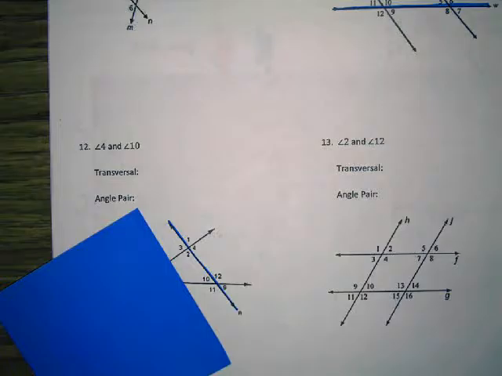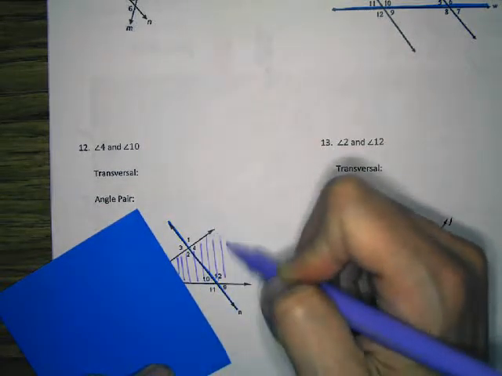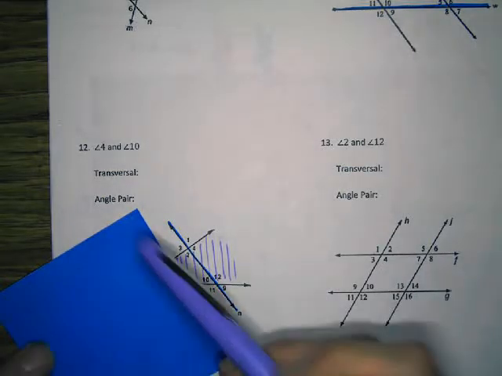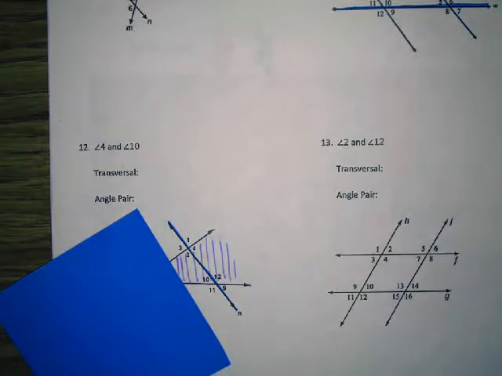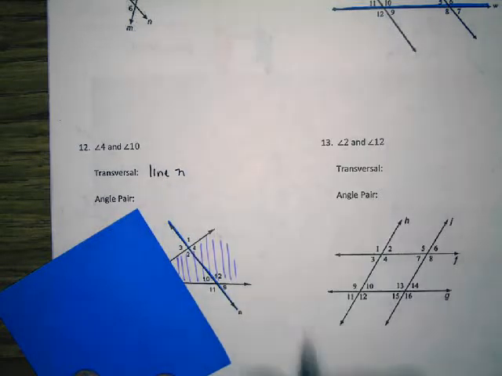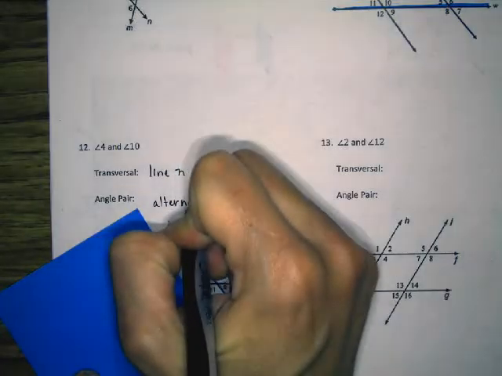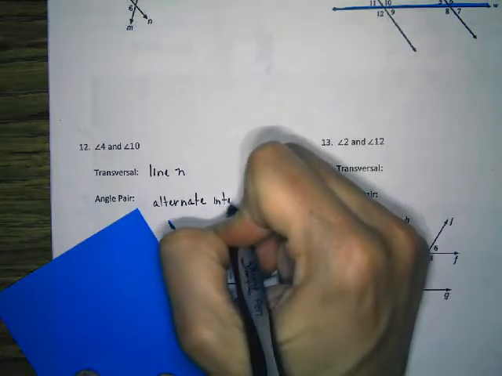And now 4 and 10, we can see those are both in between those 2 lines. So we know they're an interior pair, and they're on opposite sides of that transversal. So our transversal here is line N, and our angle pair, again, they're on opposite sides of the transversal, which makes them alternate, and they're in between the lines, which makes them interior.